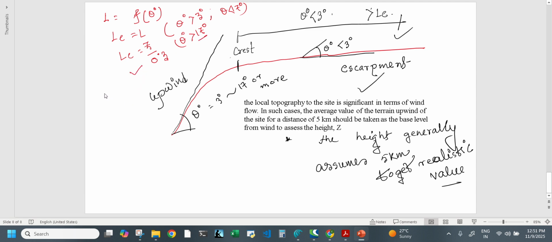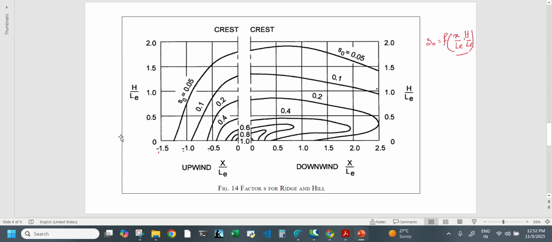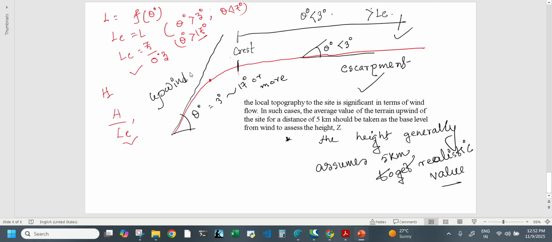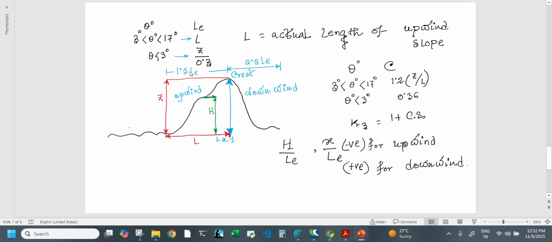So we got the h at which point we will calculate the height. That means h by LE we already know. Now Z is the crest height.